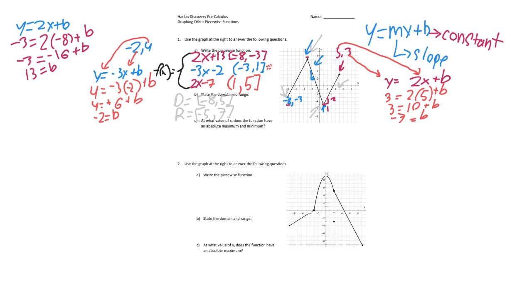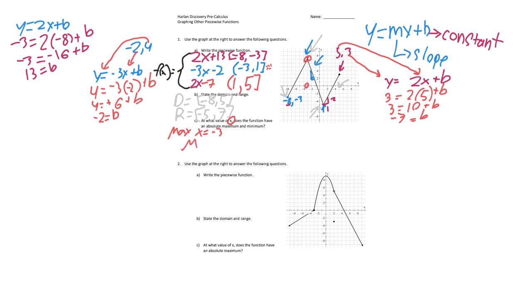We then want to know at what value of x does the function have an absolute maximum or an absolute minimum? Now this wants the value of x. It's a little different from some of the other problems we've had. Wants the value of x, so our max will be at x is equal to -3, because -3 is the x coordinate right below our maximum.